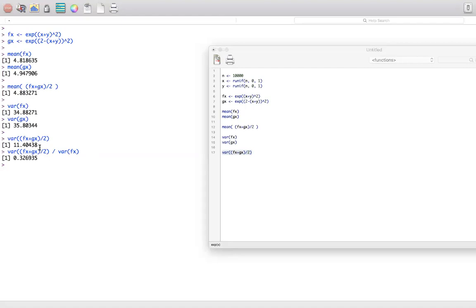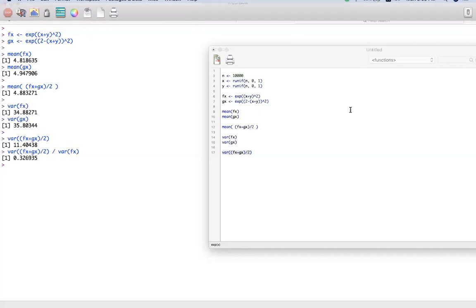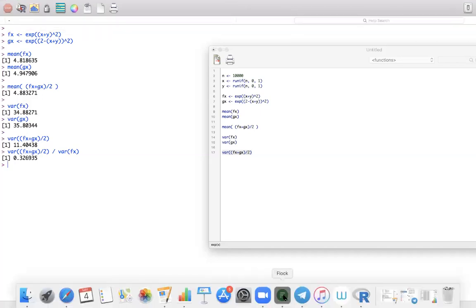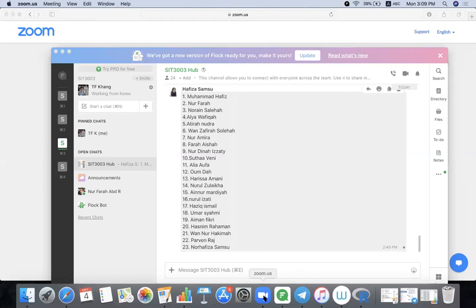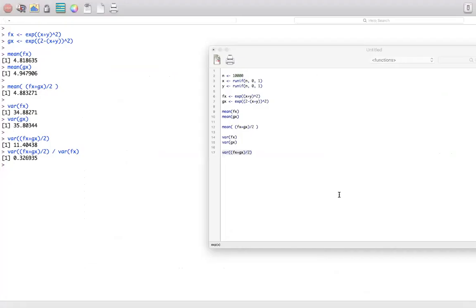Okay, so this is a good way to improve your Monte Carlo estimates. Okay. Any other questions regarding antithetic variables?